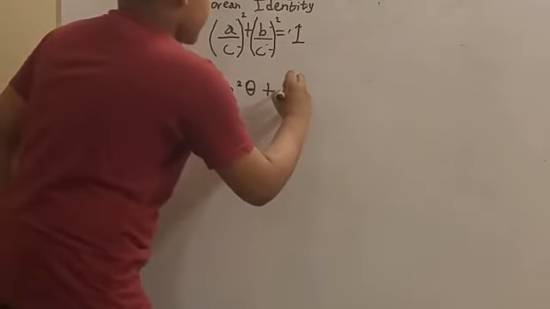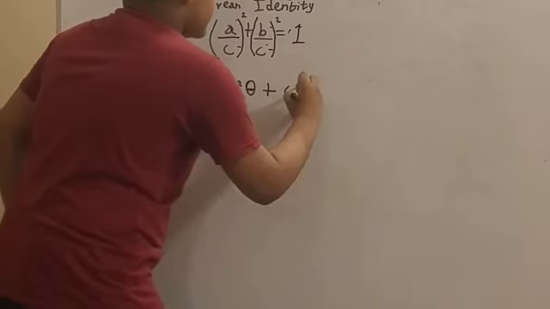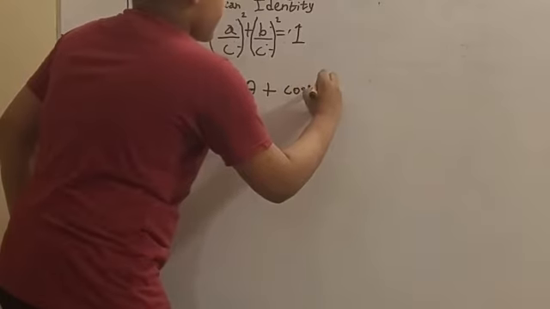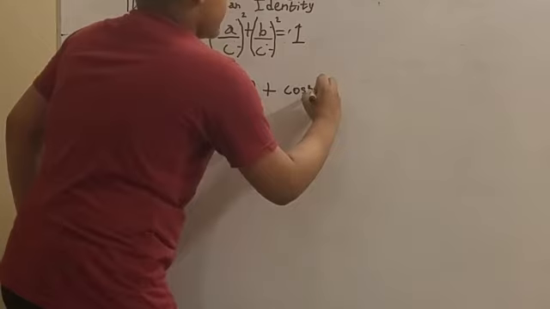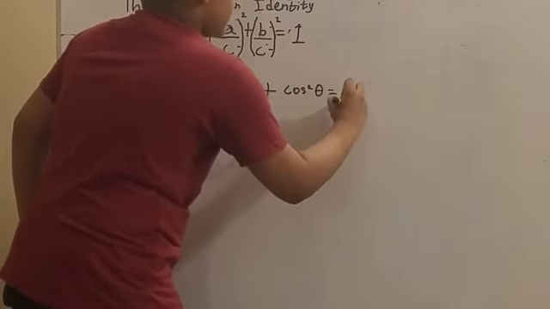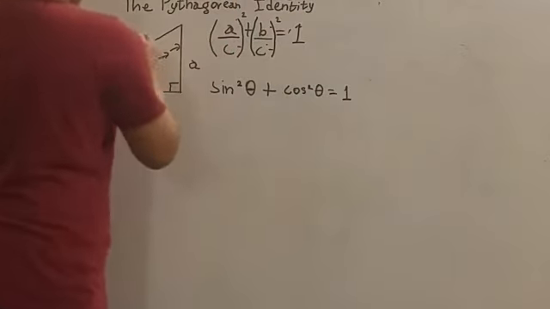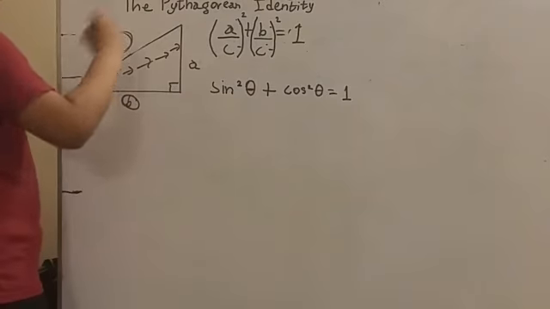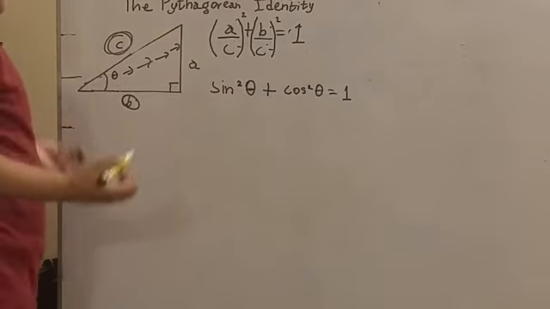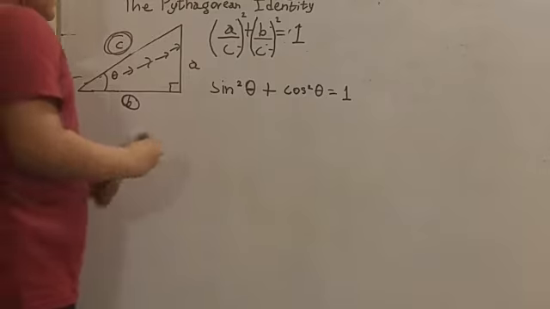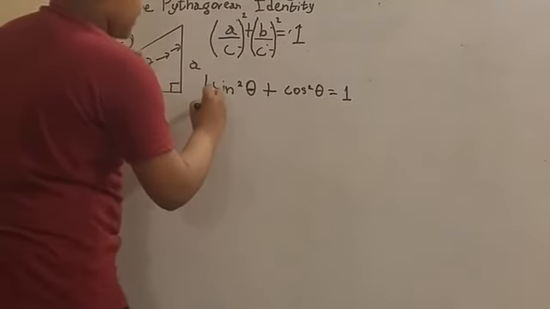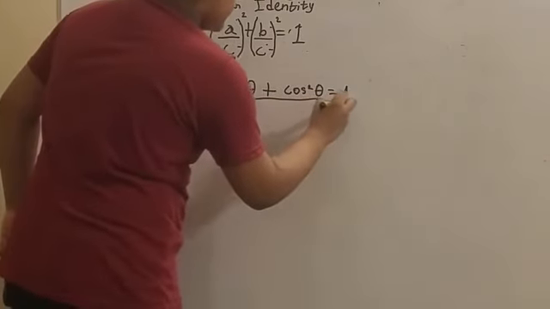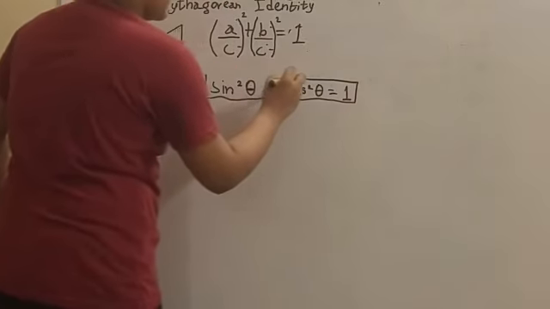Adjacent over hypotenuse, cosine squared theta, which will be equal to 1, since hypotenuse over hypotenuse would be 1. So this is our first Pythagorean identity.